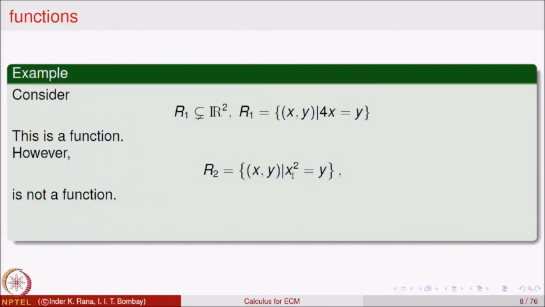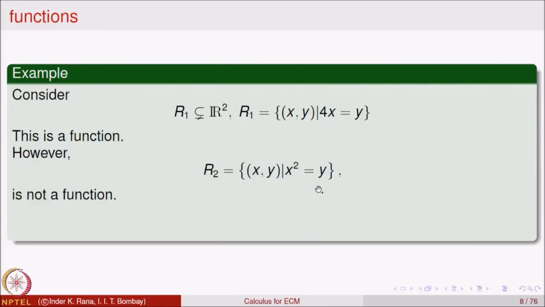So, let us say x square is equal to y 1. Is it possible that the same x square is also equal to some y 2, right? That is not possible. So, let us just look at this slightly more carefully.